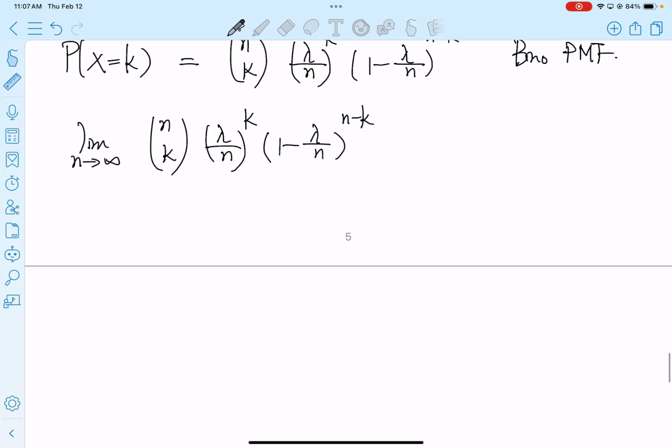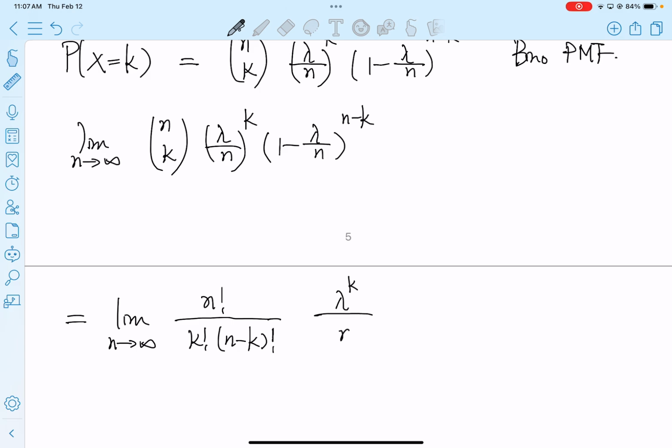I will write it here. First of all, you will have the limit as n goes to infinity, slightly expanding the binomial coefficient. You will have lambda raised to the power of k, and then n raised to the power of k. I'm just bringing the power to the numerator and the denominator.